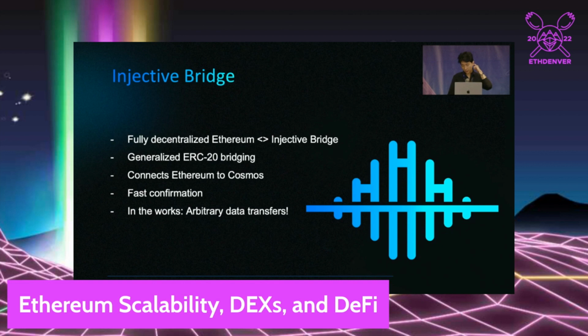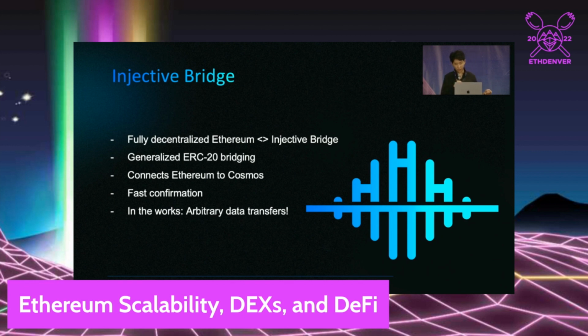And something that we're working on that's very, very exciting actually is enabling arbitrary data transfer. And arbitrary data transfer, you can understand it as basically opening up a lot more possibility for composability within DeFi to Injective transactions. First of all, if you attach these type of arbitrary data within a deposit transaction, you can create these atomic transactions to Injective that will be automatically executed and interpreted.